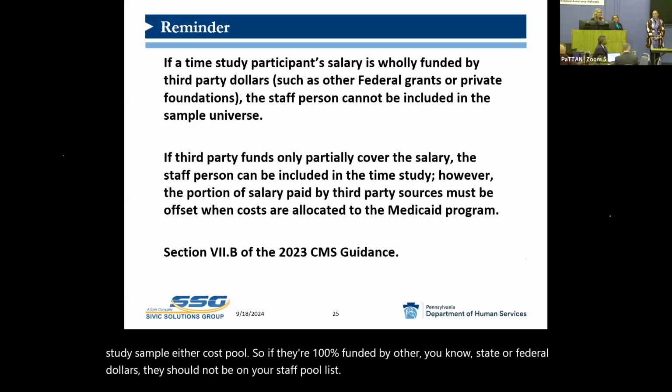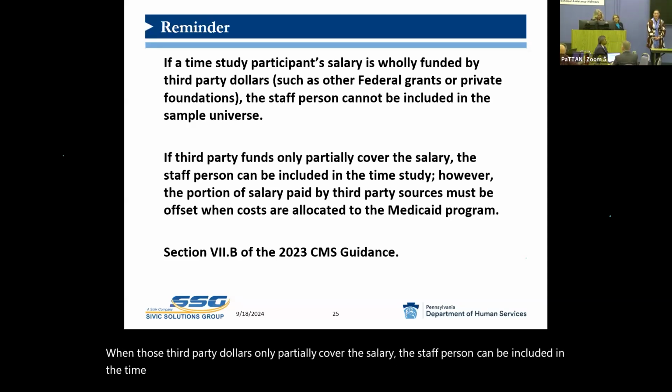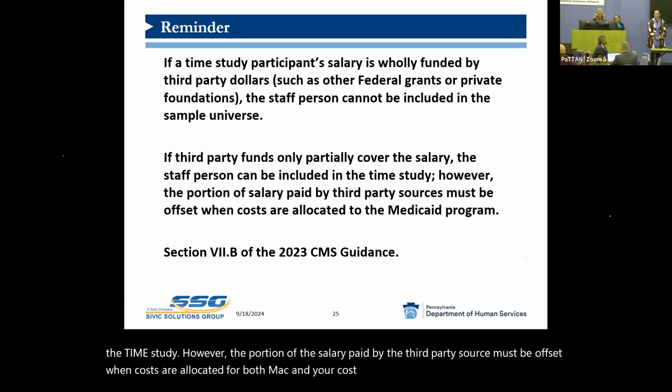When those third-party dollars only partially cover the salary, the staff person can be included in the time study. However, the portion of the salary paid by the third-party source must be offset when costs are allocated for both MAC and your cost settlement.